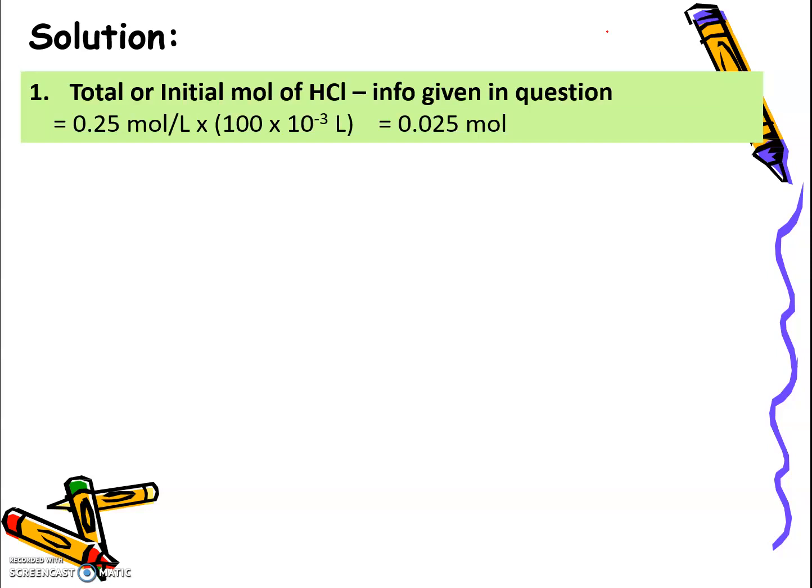So 0.25 mole per liter, given concentration for hydrochloric acid, and the volume of HCl. So we can find number of mole of initial acid. Okay, so 0.25 mole per liter times 100 ml changed into liter unit. Cancel unit liter to find number of mole.